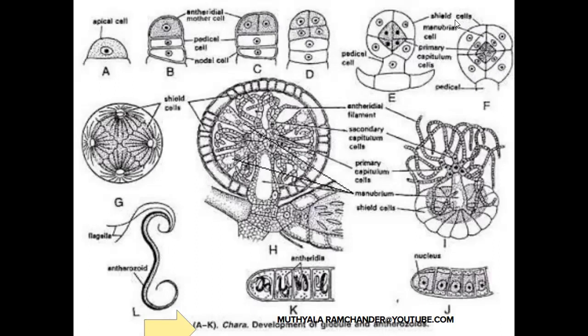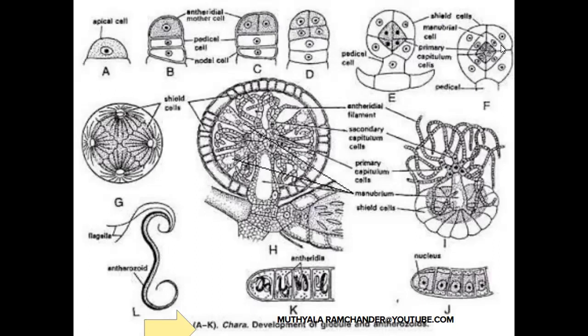They develop into the cover or shield of the globule. The middle whorl's 8 cells are called manubrial cells, and the center whorl's 8 cells are called primary capitulum cells.